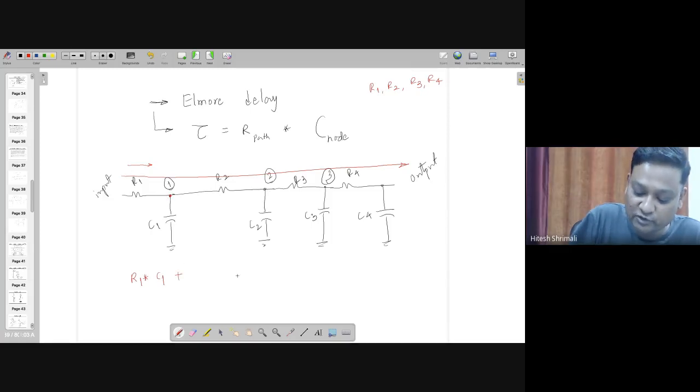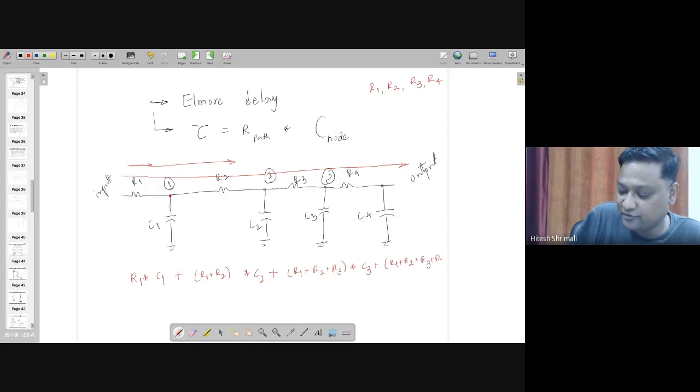For node number 2, it's C2 times, there are two resistances R1 and R2, so it's R1 plus R2. And similarly, you can have (R1 plus R2 plus R3) times C3 plus (R1 plus R2 plus R3 plus R4) times C4. That's the Elmore delay.